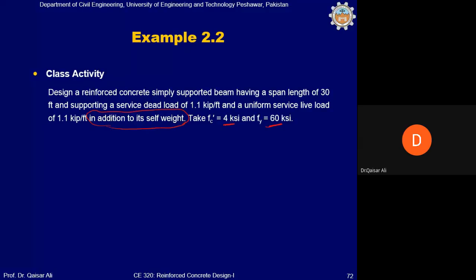First of all, you will select the beam size. The beam size is simple. You can assume the beam width is 12 inches, and since it is grade 60 steel, directly take 30 divided by 16 multiplied by 12, which will give you the minimum depth. How much does this come to? Calculate. 22.5.